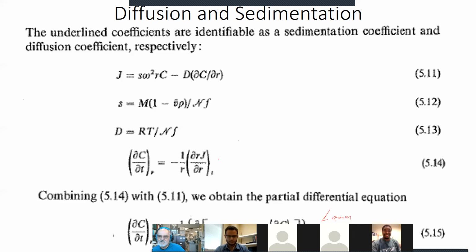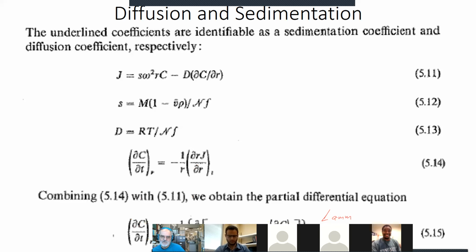This describes simultaneous sedimentation and diffusion in a rotating field in the centrifuge. What's the change in concentration with time in terms of the change in concentration with position?